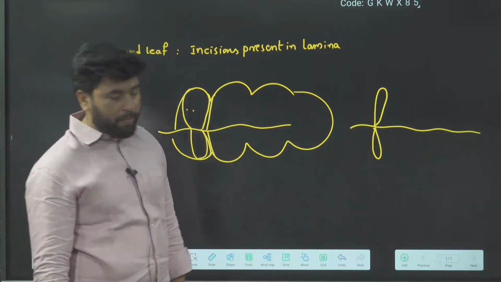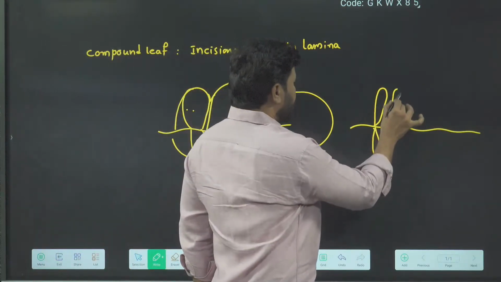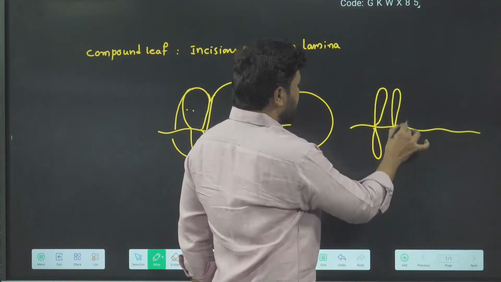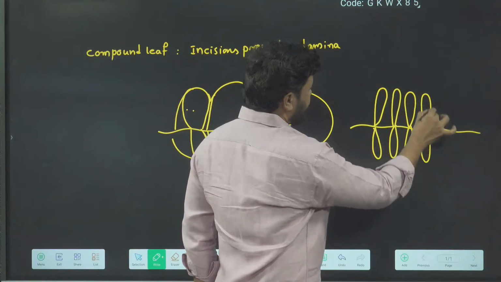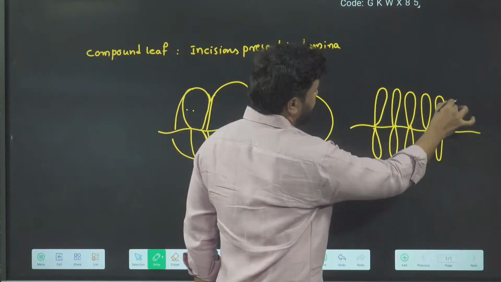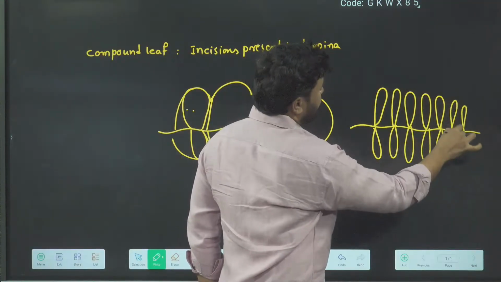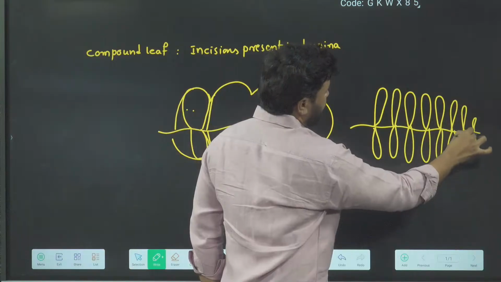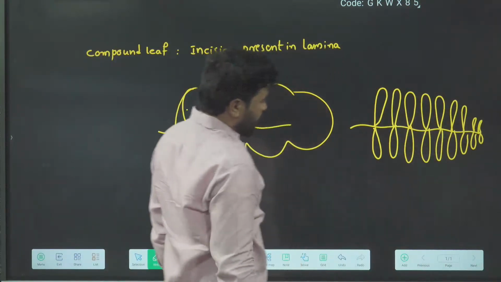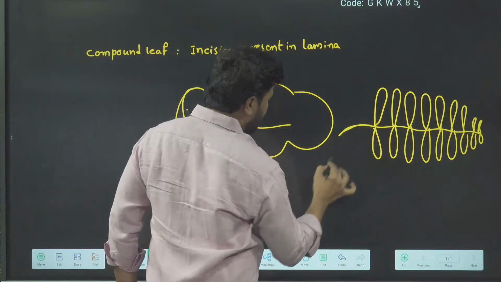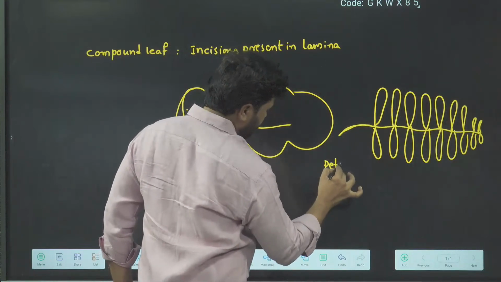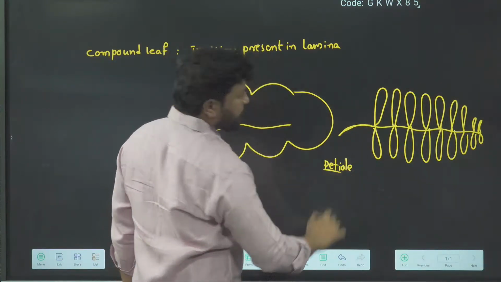That separated part would be attached to the midrib, and like this there is development of several small parts of lamina. Okay, now imagine this is the petiole.